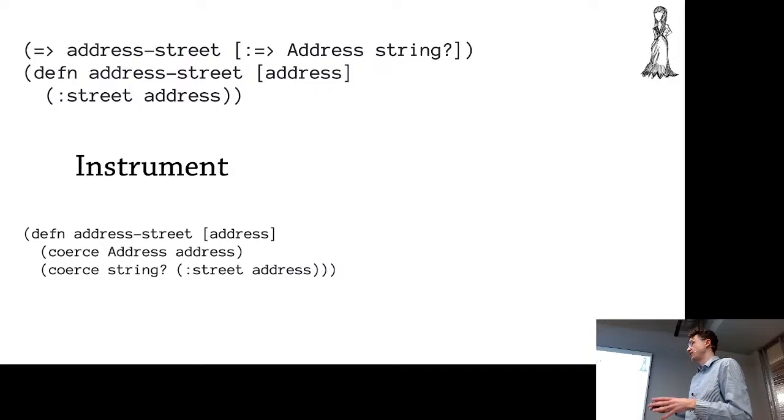So it looks something like this. Instead of just returning the street of the address, first we're going to check that the input is an address and that the output is a string. So we've pushed in these specs so they can be validated when we call this function.